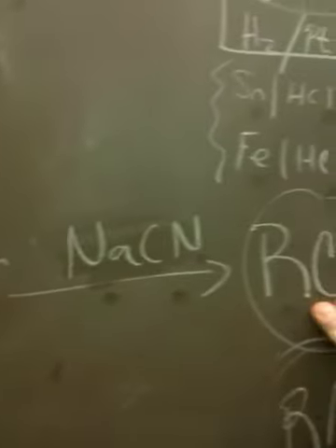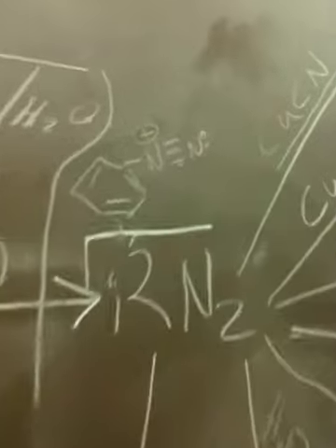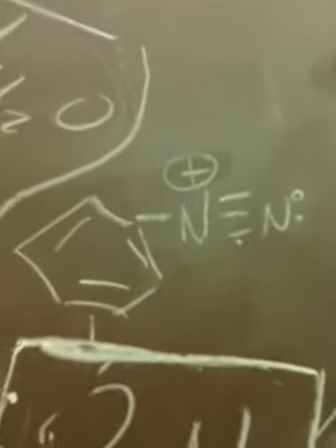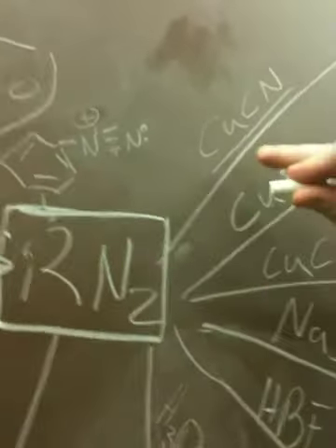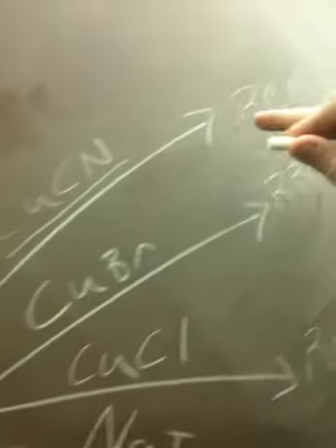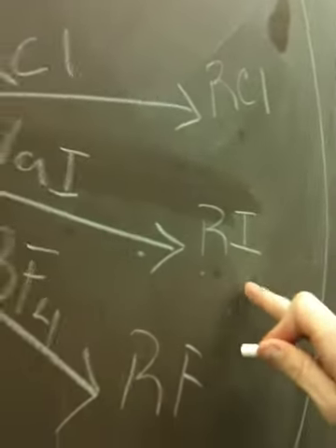You can go here, here, here, reduce it, get this, take this, react it with NaNO2 and an H-giving group, and you get RN2+ right here. And you're going to have the RN2+ react with CuCN, you get RCN. RN2+ with CuBr, you get RBr. RN2+, CuCl, RCl. RN2+, NaI, RI.